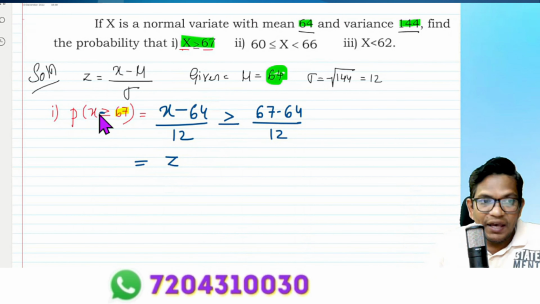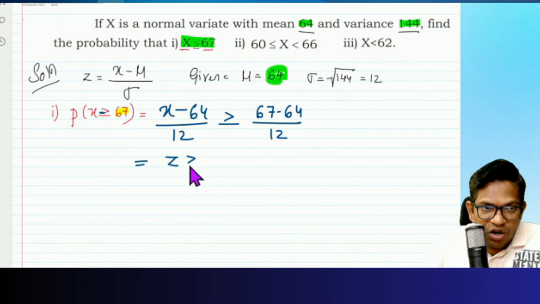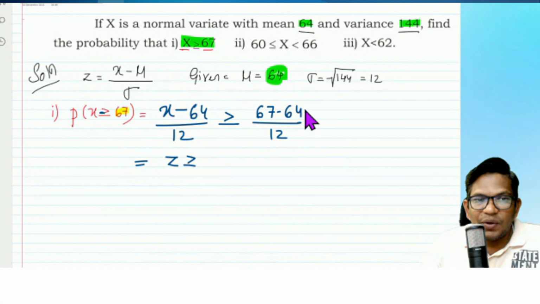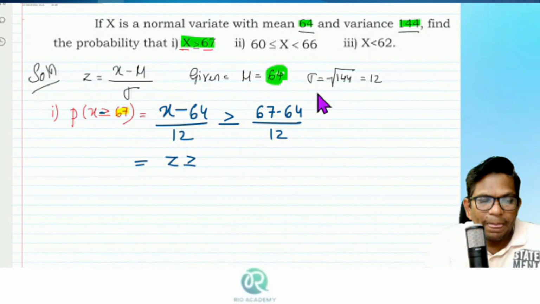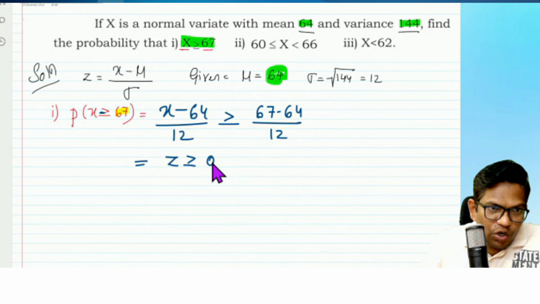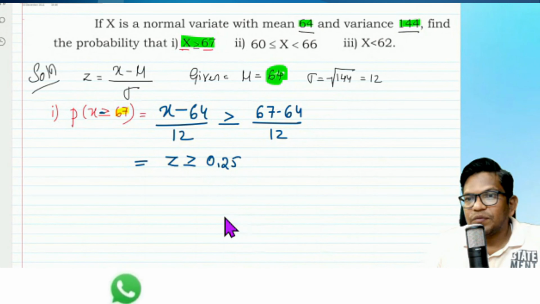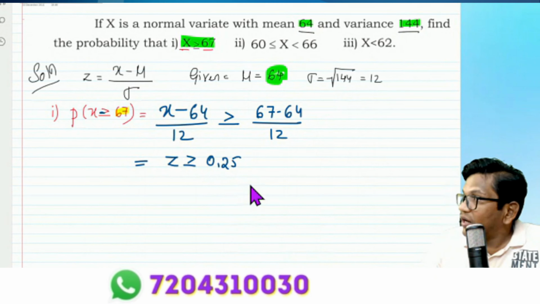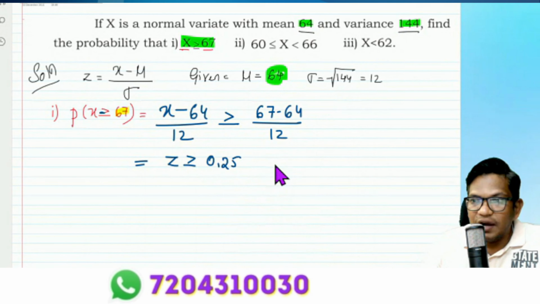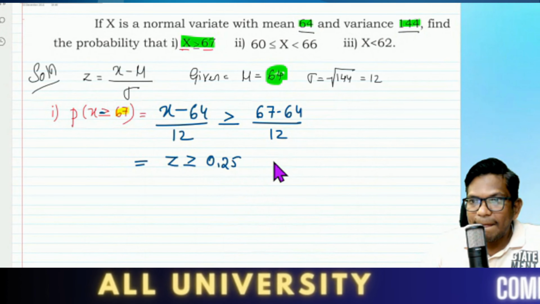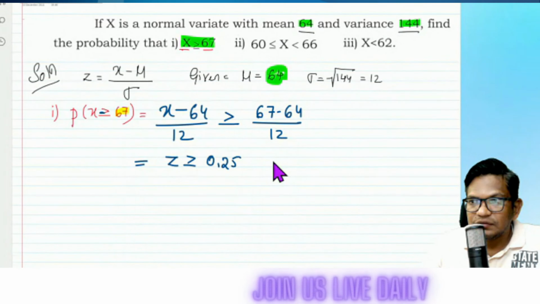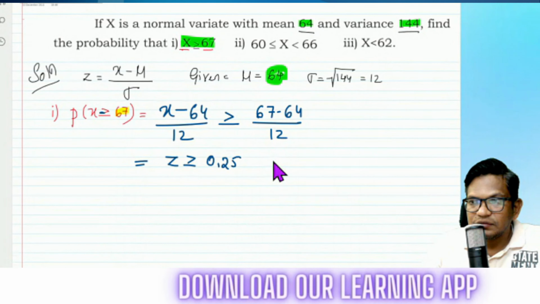So X greater than or equal to 67 minus 64 divided by 12, that is 0.25. Got it? Understood? Any doubt? No doubt?